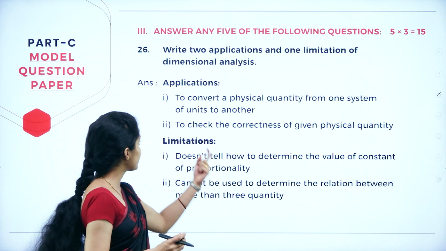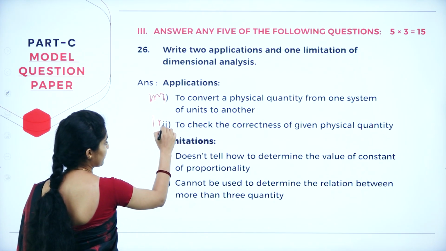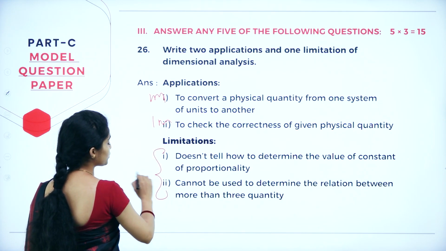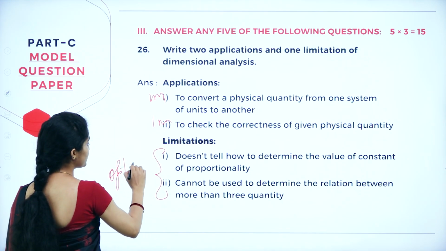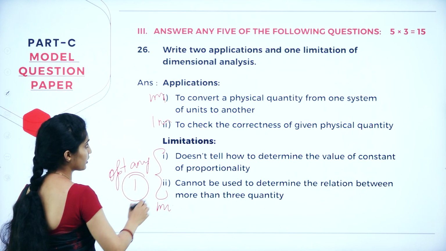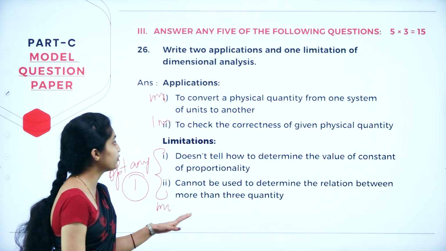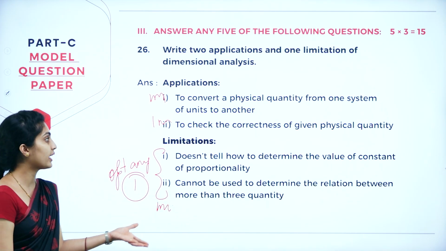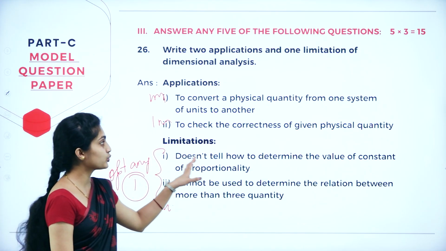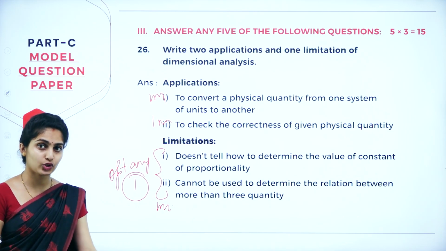Okay, so here we have applications. This is for 1 mark, this is 1 mark, and out of these 2 you can opt for any one, and it is for 1 mark. Application is to convert a physical quantity from one system of units to another, and the second one is to check the correctness of a given physical quantity. Those are the applications.